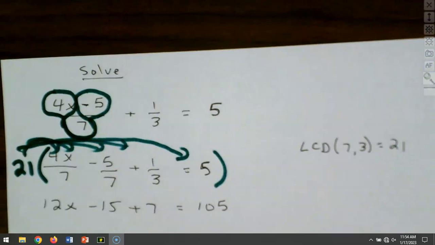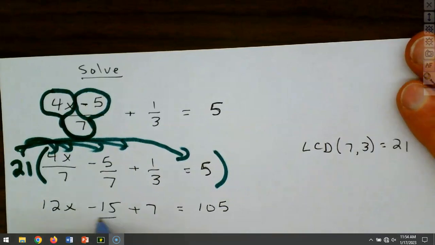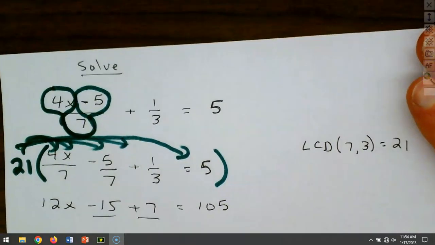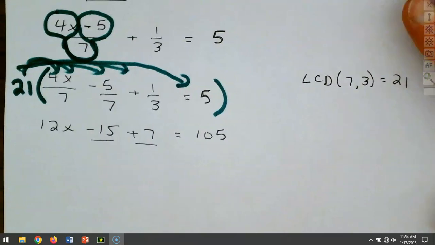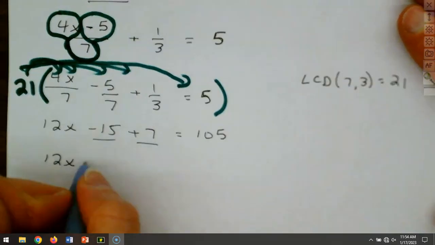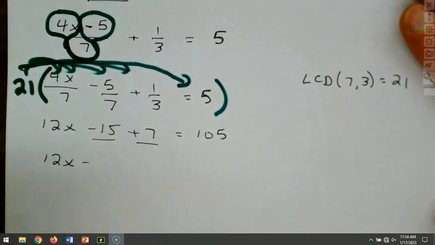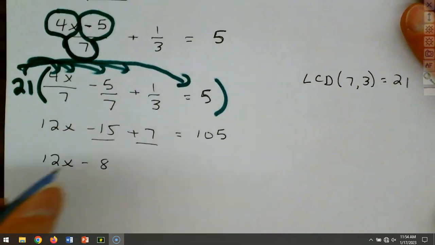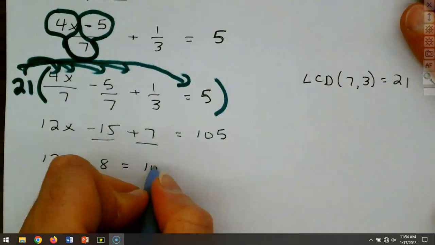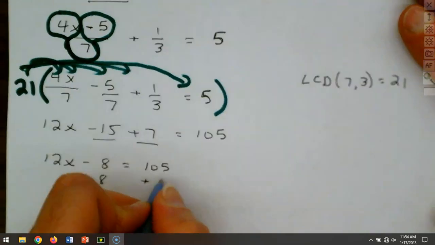Now what do we need to do? Well, now we're at a point that we can solve it. So we're going to combine. I'm going to put the 15 and the 7 together. 15 is a bigger number, so it's going to make that negative. So we have 12x, and we have a minus 15 and a positive 7. That gives you a difference of a negative 8 there, and that equals 105. We're going to add 8 to each side.